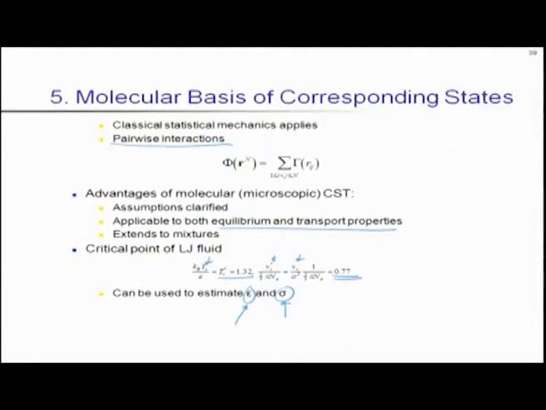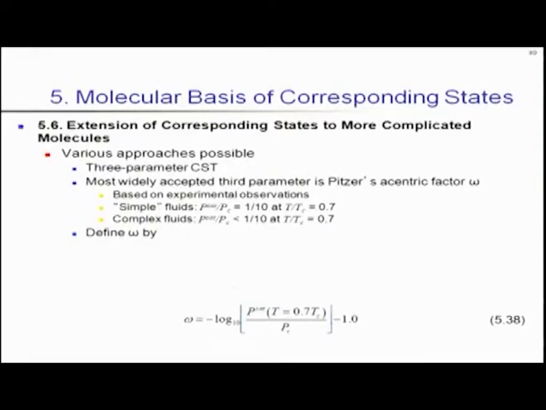So from Vc, knowing that this is 0.77, you can obtain sigma. Similarly, 1.32 multiplied by k times Tc known from the experiment, you can evaluate epsilon corresponding to the Lennard-Jones model for that particular fluid.